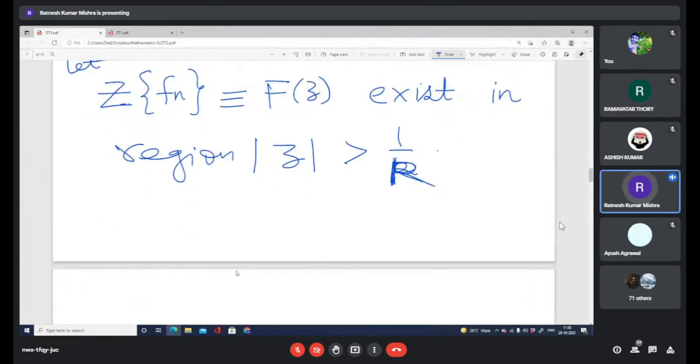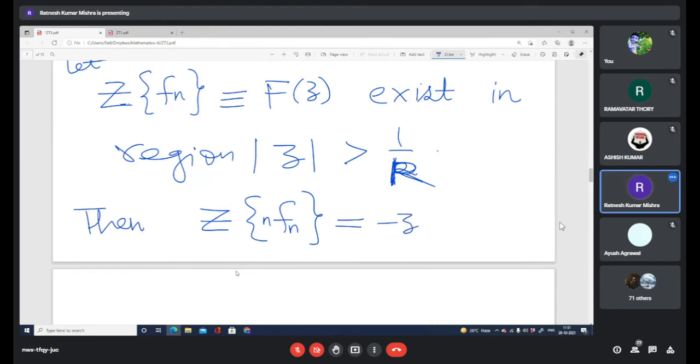So now the Z transform of n times Fn is minus z d by dz of the Z transform of the sequence Fn.